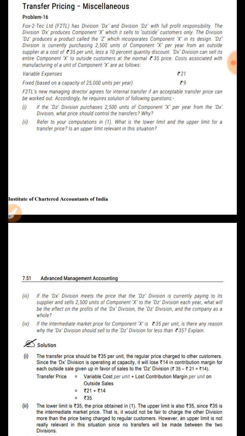Variable cost is 21 rupees, plus contribution lost: the 35 external price minus 21 variable cost, 14 rupees is the contribution that Division DX will be losing if they are transferring to DZ. So variable cost plus contribution lost will be the transfer price. Ultimately 35 should be the transfer price.